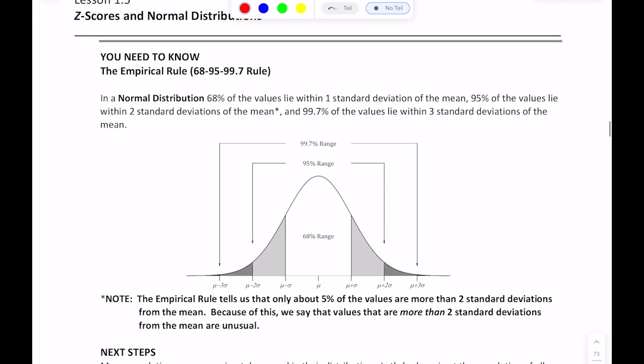So you want to remember the empirical rule. It's really important. It's 68, 95, and 99.7%. It just means that roughly 68% of the values will fall within 1 standard deviation of the mean, 95% of the values will fall within 2 standard deviations of the mean, and 99.7% will fall within 3 standard deviations of the mean.